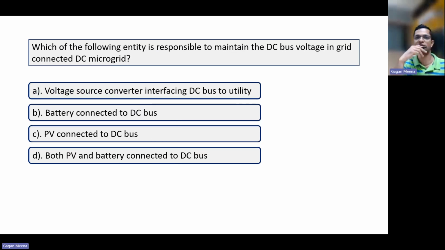Which of the following entities is responsible to maintain the DC bus voltage in a grid connected DC microgrid? In a DC microgrid, who will maintain the DC bus voltage?